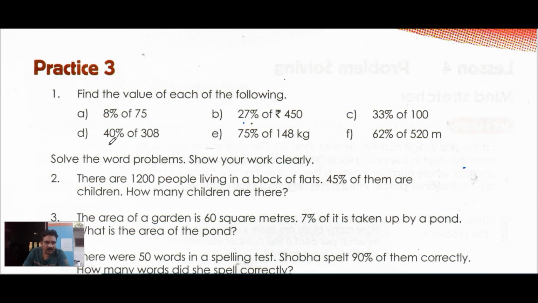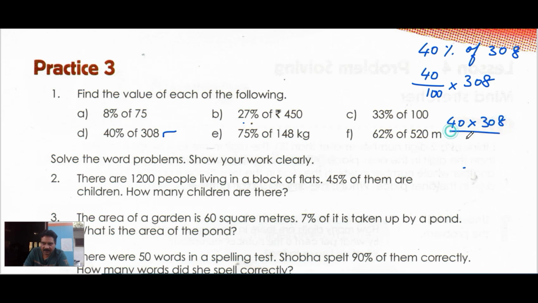Now let's go to the next one. 40% of 308. 40% of 308. Percent means out of 100, right? So 40 out of 100 of how much? 308. So 40 into 308 by 100. So this 0 gets cancelled, right? 2 2s are 4, 2 5s are 10. Now it is not possible to cancel, because here 1's place is 8, here 5, right?